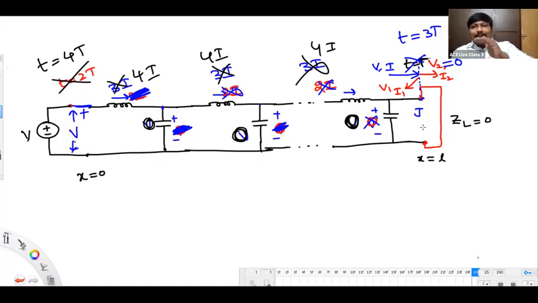And again, voltage starts rising up. Current will become 7I, then 8I, 9I. Like that you observe, current will continue to increase with respect to time.